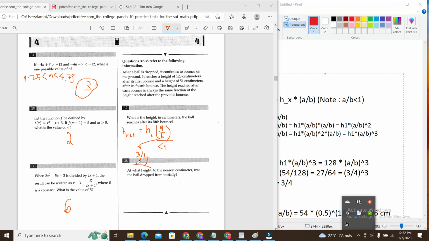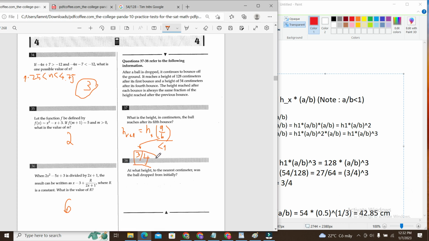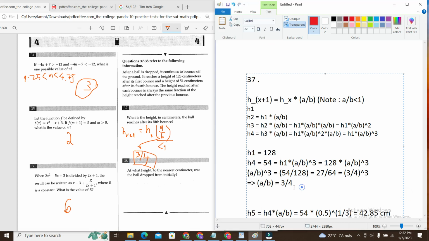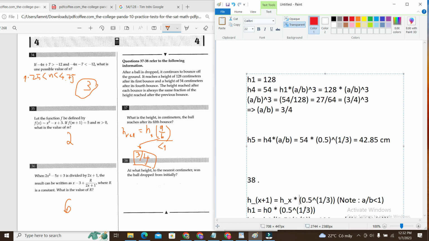So here we have a over b equal to 3 over 4. Therefore, when you calculate h5, it's h4 times a over b. So that's 54 cm times 3 over 4.